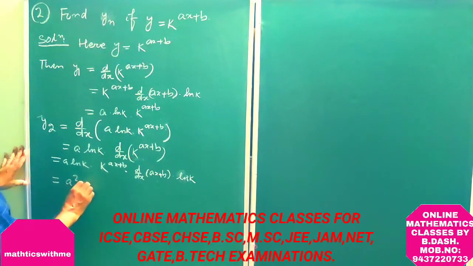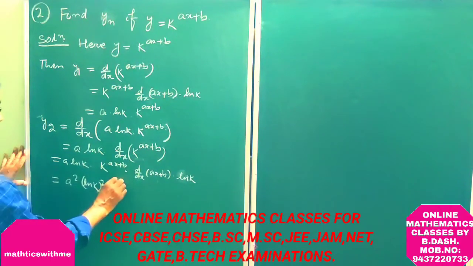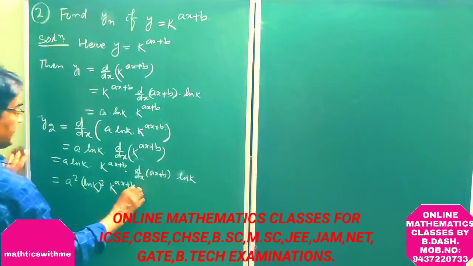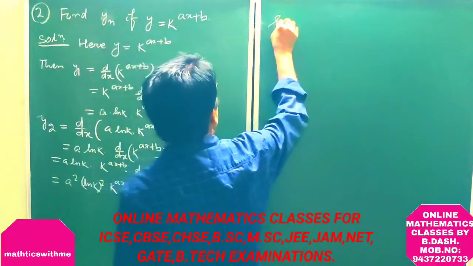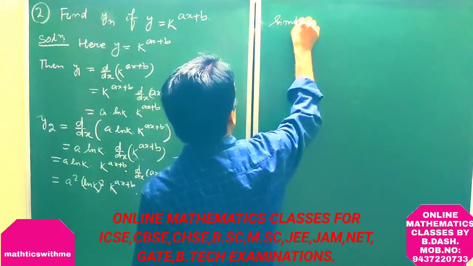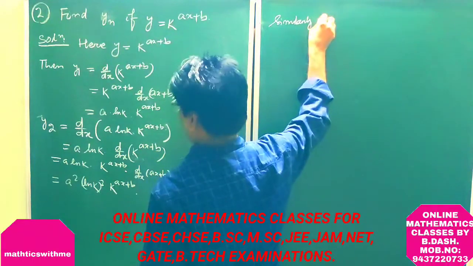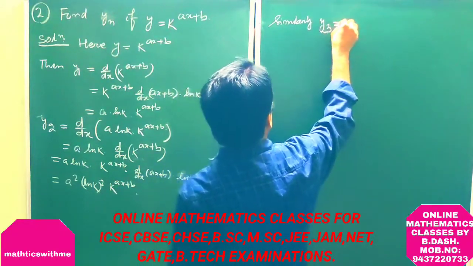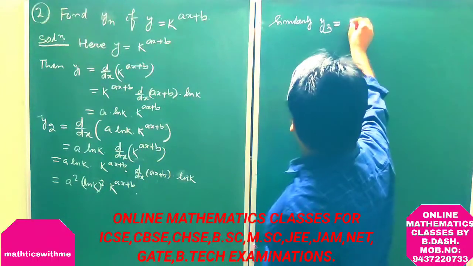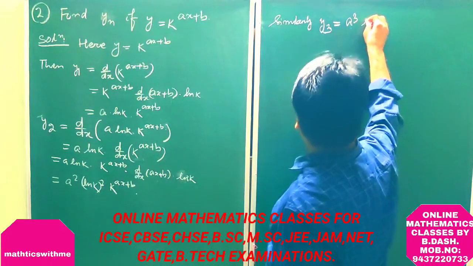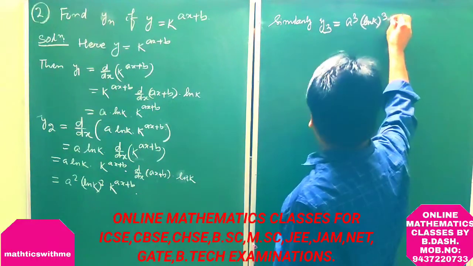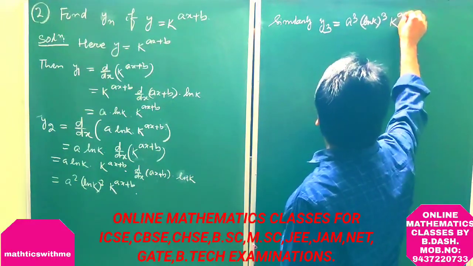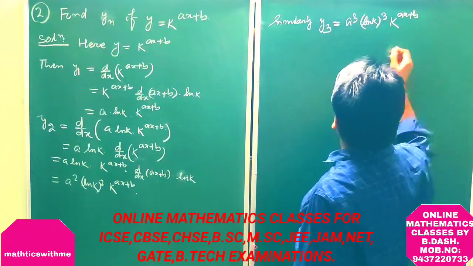So this is a square ln k square, k to the power ax plus b. Similarly, y3 is equal to a cube ln k cube, k to the power ax plus b.